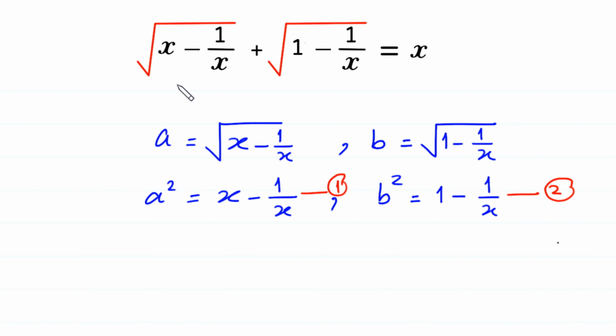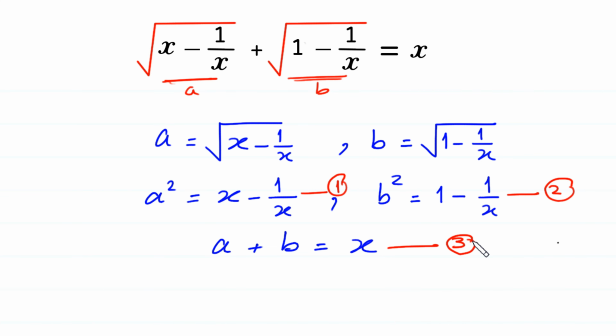And if in the original equation we put the value of square root of x minus 1 over x as a and the value of square root of 1 minus 1 over x as b, then this original equation becomes a plus b is equal to x. We name this equation 3.